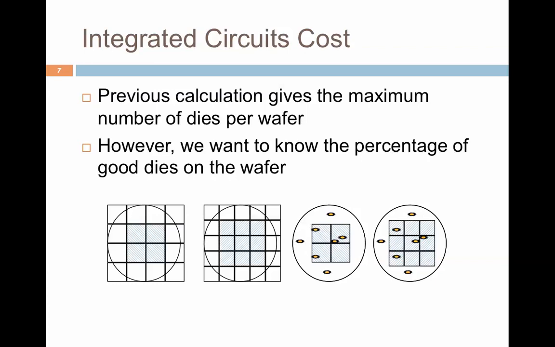So the die area has a big impact on the actual performance, right? Because the yield depends completely on how your defect density is spread out. So one of the design considerations that people take into account is how large my die should be. The larger the die is, the fewer the probability of good working dies, because of the way the defect density works.